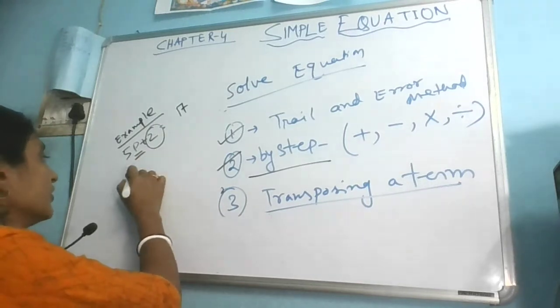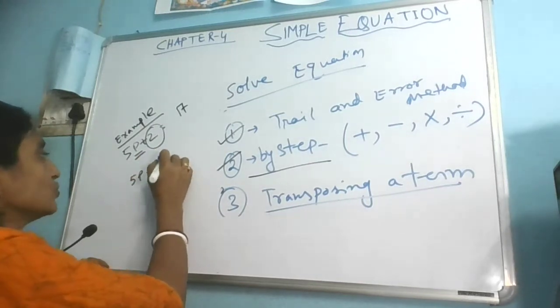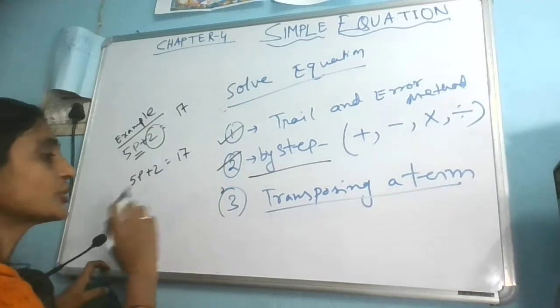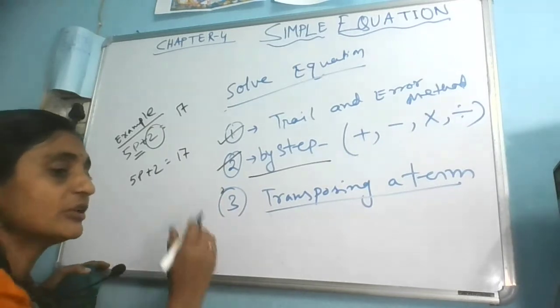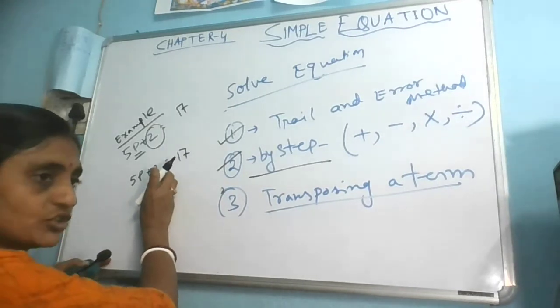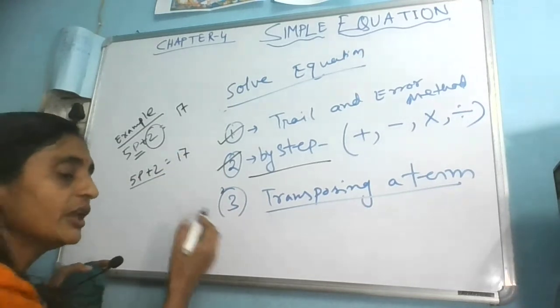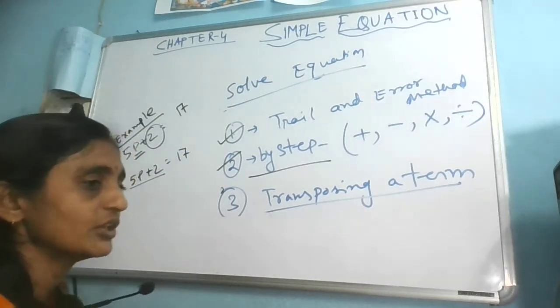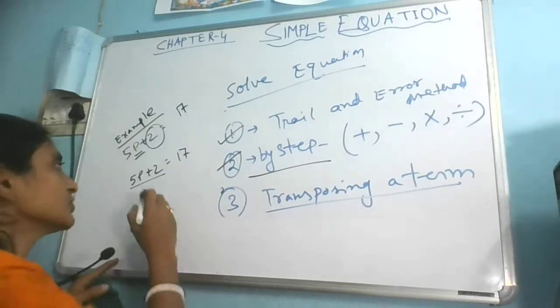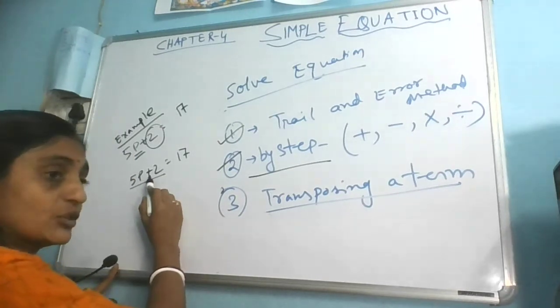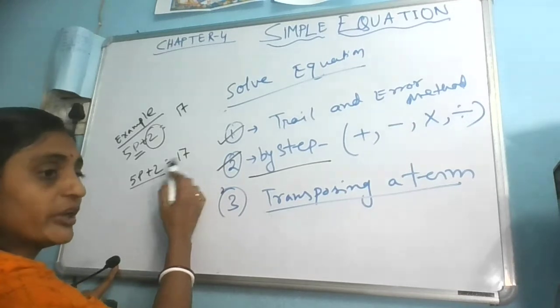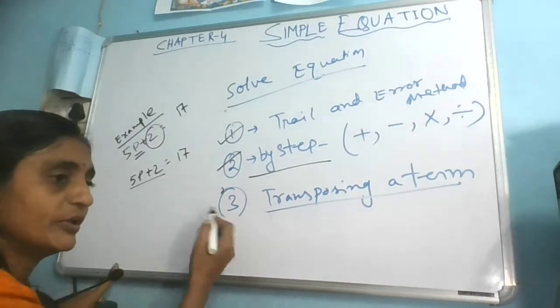Here it has been given 5p plus 2 equal to 17. So transposing means what? We will transfer one of the two terms of this equation to another side. Okay, so when we are doing these things, you keep it in your mind. Suppose I am going to transfer that 2 to the right hand side, when its side is changed, that sign will be changed.